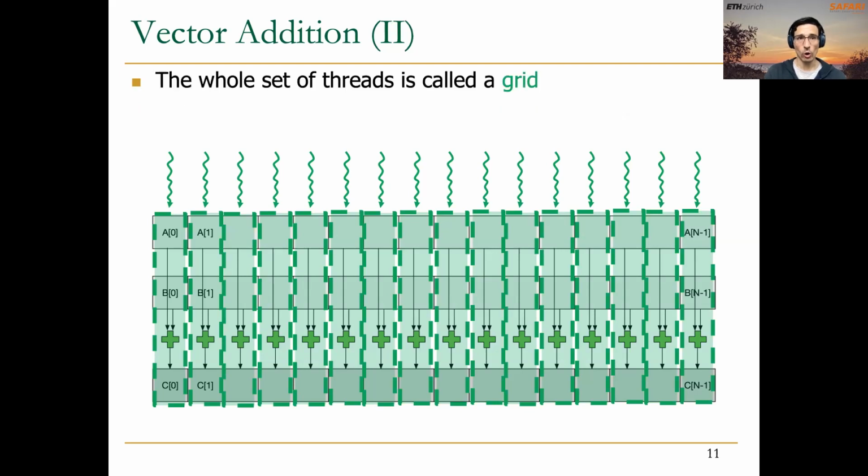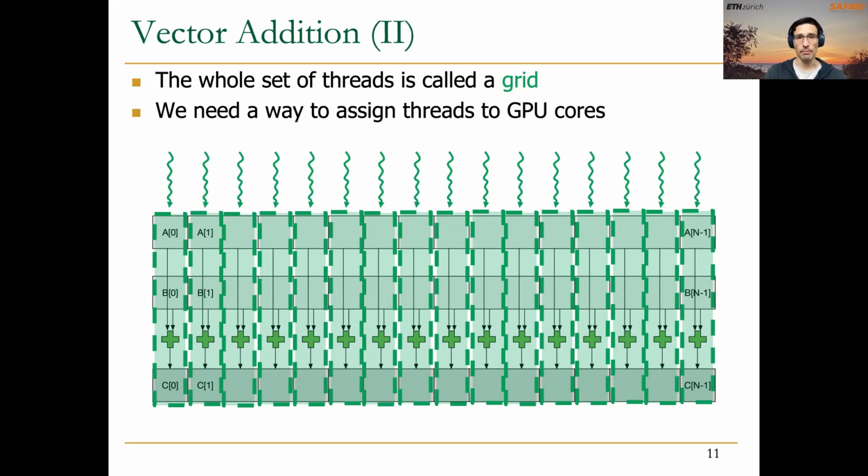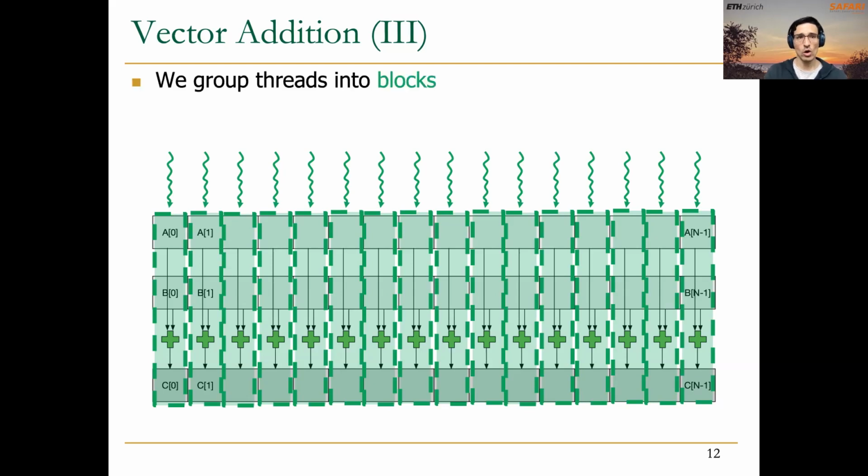The whole set of threads that execute one kernel is called a grid. And one important thing to take into account here is that we have a certain number of GPU cores inside the GPU. So we need a way of assigning threads to the GPU cores. This is why in the software hierarchy we have something called thread blocks.